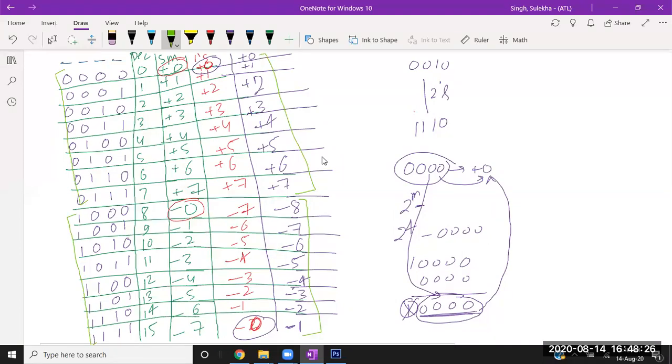There is no overlapping. That is the main reason I am using 2's complement representation in most of the cases. This is the reason why you are dealing with all those complements, because you need to understand all these things before going into the application part.